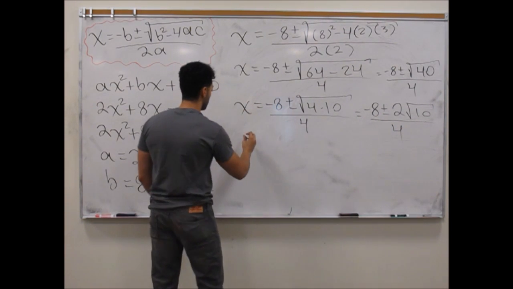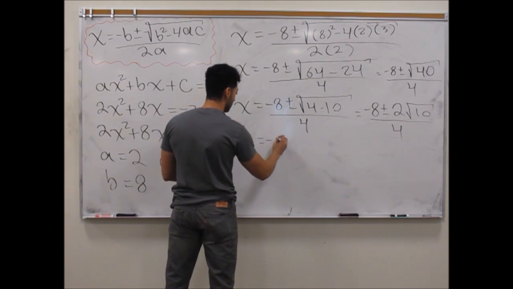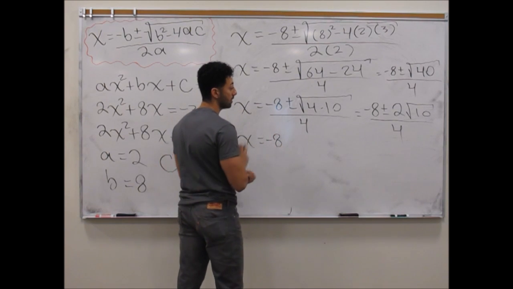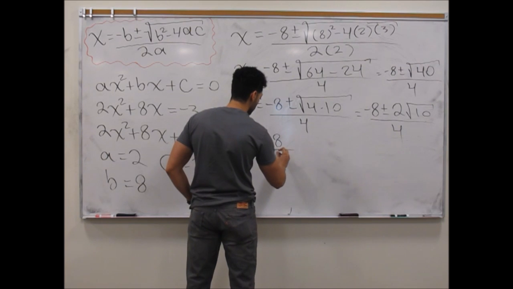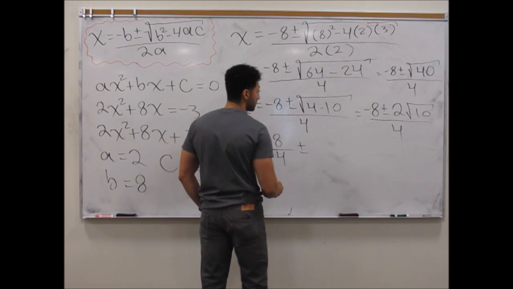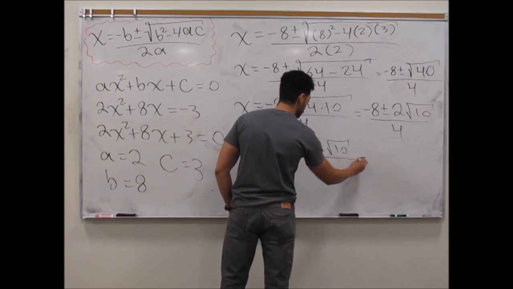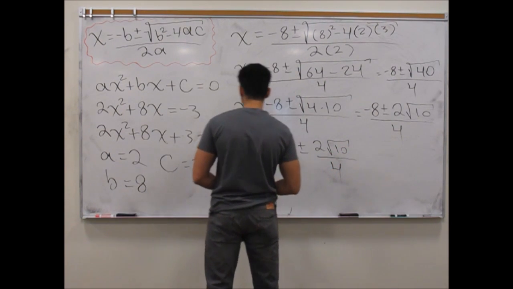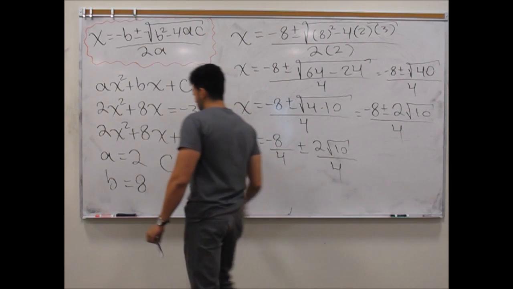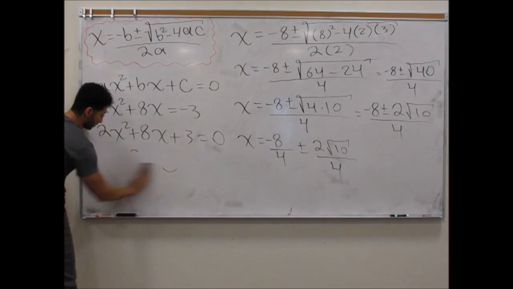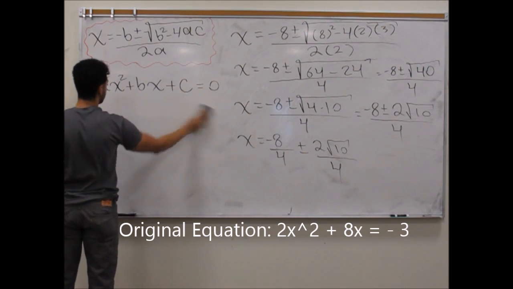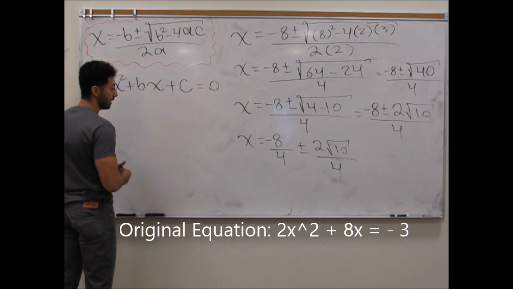Alright, so here we have x is equal to negative 8. Now let's go ahead and split up the LCD at this point. Negative 8 over 4 plus or minus 2 rad 10 over 4. And then let's erase all this stuff and let's get to work.